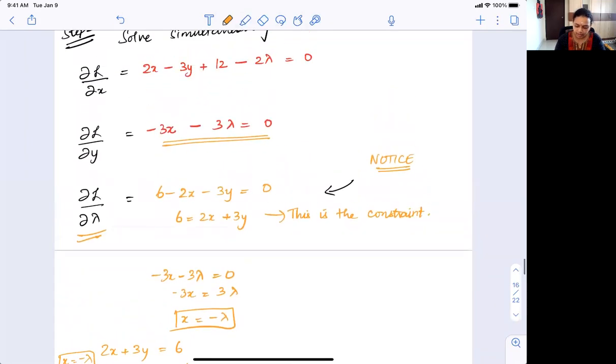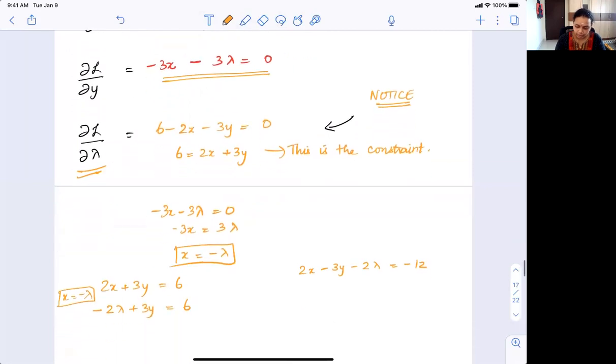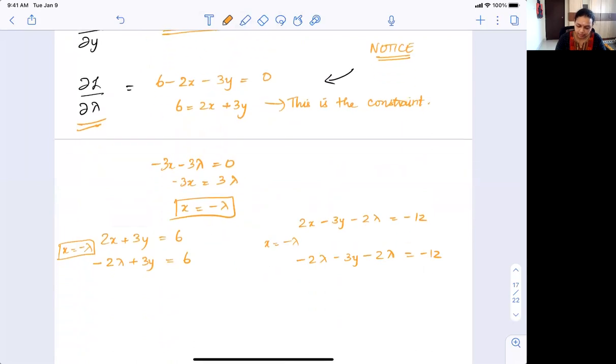Similarly, the first expression here is 2x minus 3y minus 2λ equals minus 12. Plugging in x equals minus λ, this is minus 2λ minus 3y minus 2λ equals minus 12. So you get minus 4λ minus 3y equals minus 12. Now you have 2 equations in terms of λ and y, and we can solve them simultaneously to find λ and y.